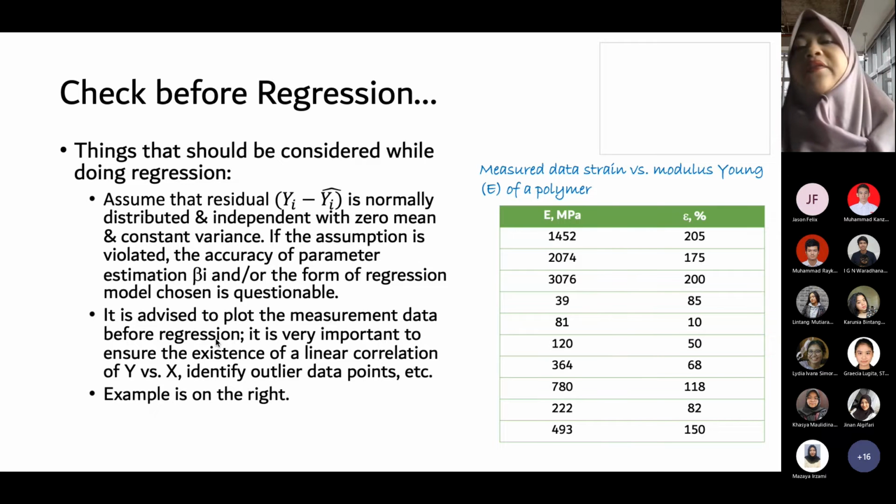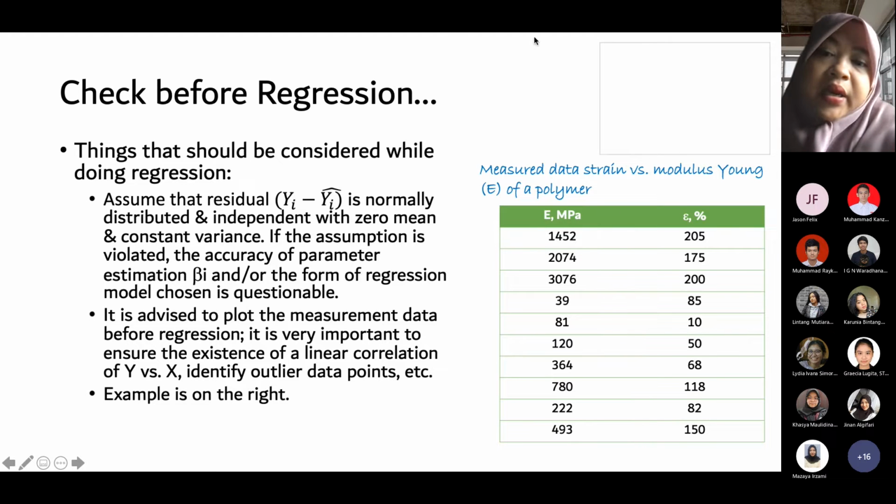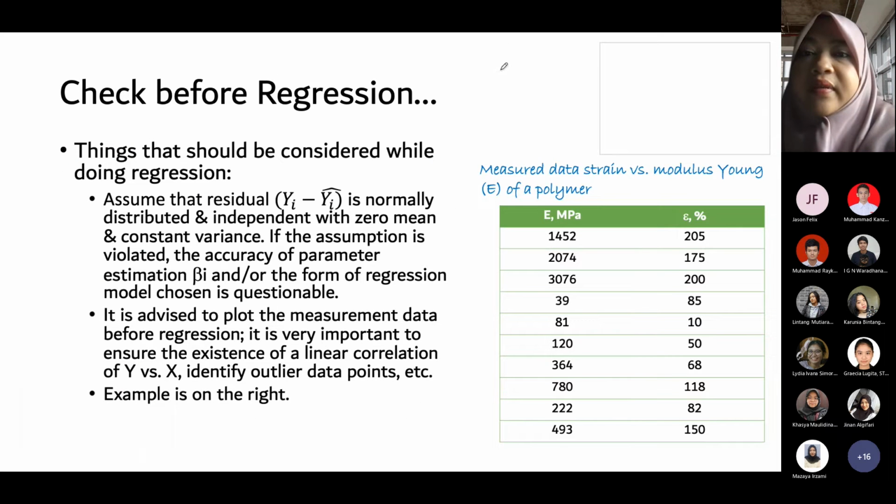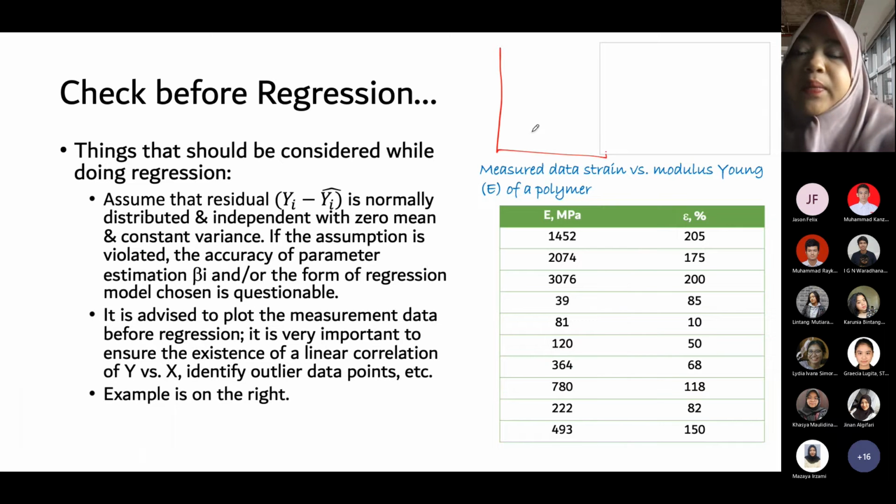For example, this is the measured data of strain and Young's modulus of a polymer, in a material. Maybe you learned in physics there is some correlation.